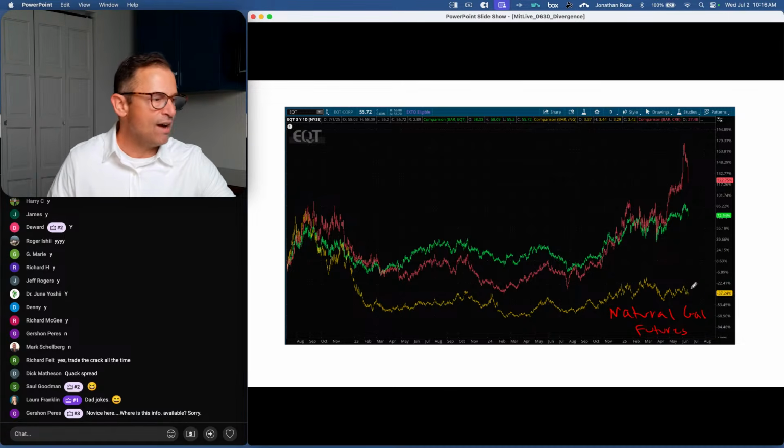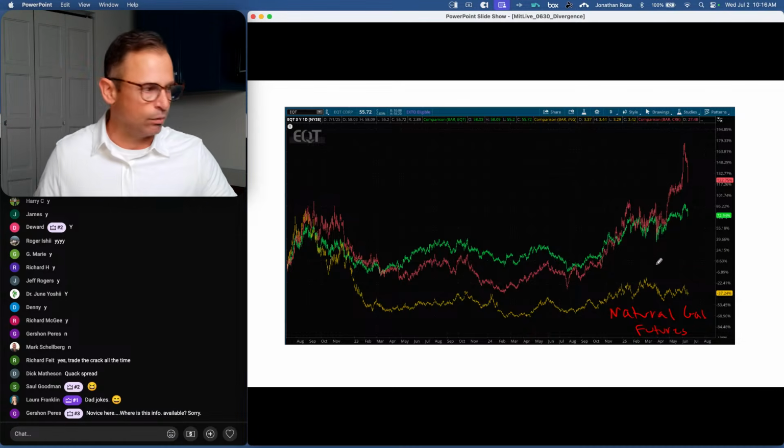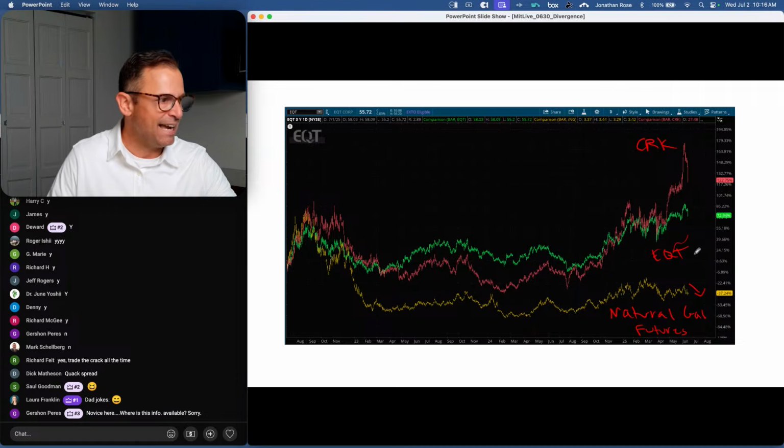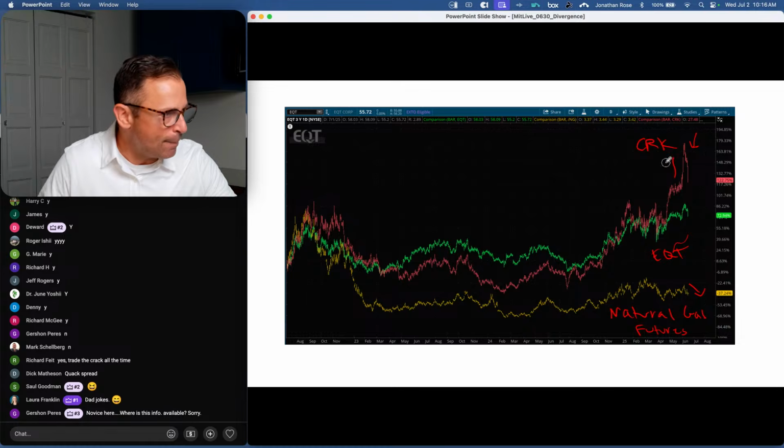Now, whatever the futures are doing, the natural gas stocks are going to follow. So that yellow is natural gas futures, above CRK and EQT, which are natural gas stocks. What's going to happen when one natural gas stock goes parabolic while the other one doesn't move?